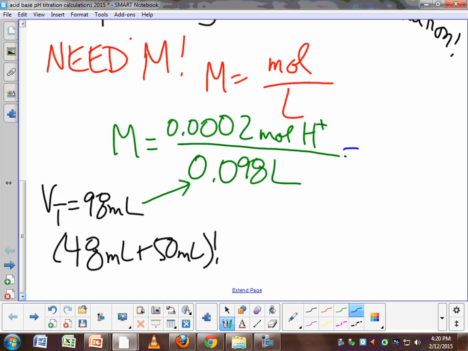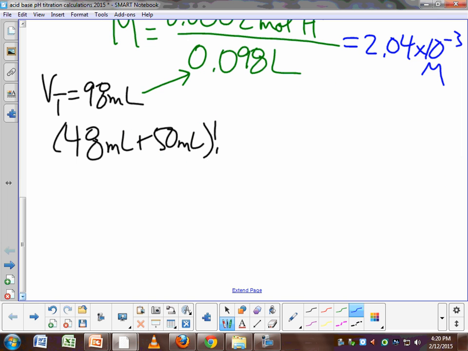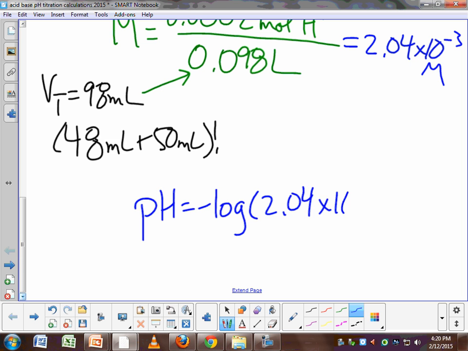So doing this math, we get 2.04 times 10 to the minus 3rd molar. That is our concentration of our hydrogen ion, and that's the value that we're going to take the negative log of in order to determine the pH. Hopefully you're following along.